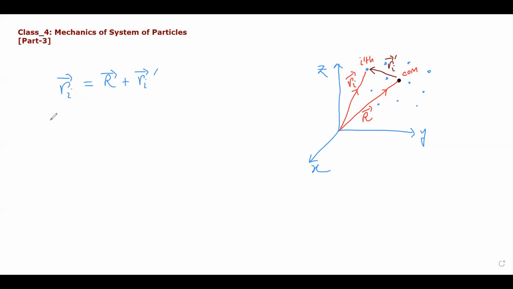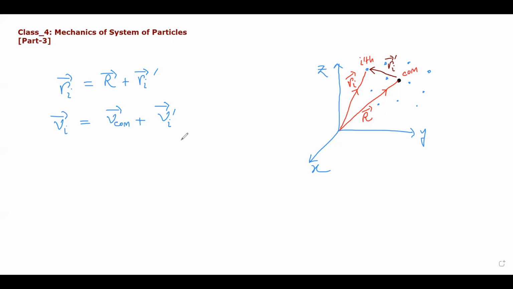Similarly, if we differentiate both sides with respect to time, we will get Vi is equal to VCOM plus Vi dash. This is the velocity of the ith particle, that is equal to the velocity of the center of mass plus the velocity of the ith particle with respect to the center of mass, that is Vi dash.